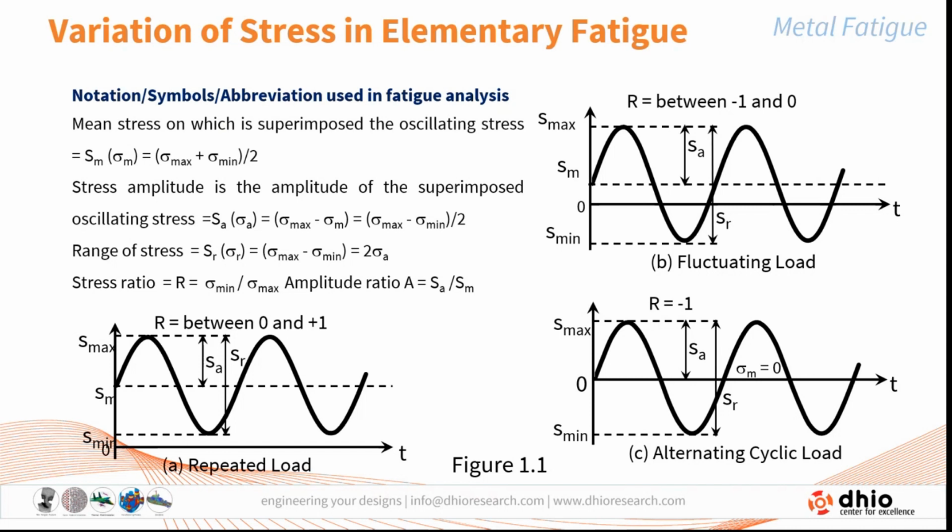And hence here you can see that the alternating cyclic load is going to be the simplified load, which can be taken mathematically equivalent to the sinusoidal wave behavior of the loading.